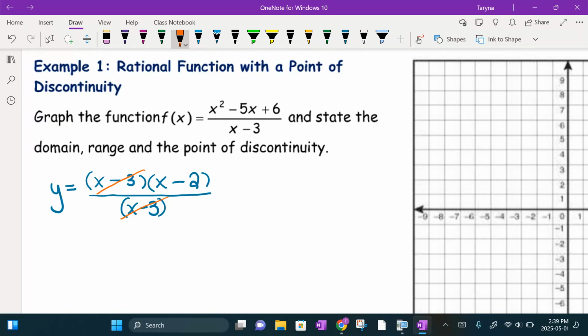Yes, so you can't just say the equation is y equals x minus 2. Is there a restriction on that? Yes, it's where x cannot equal 3. Because remember, every single question you do in mathematics, you always refer back to your original. Even though many, many things can simplify, you always have to state your restrictions from your original equation.